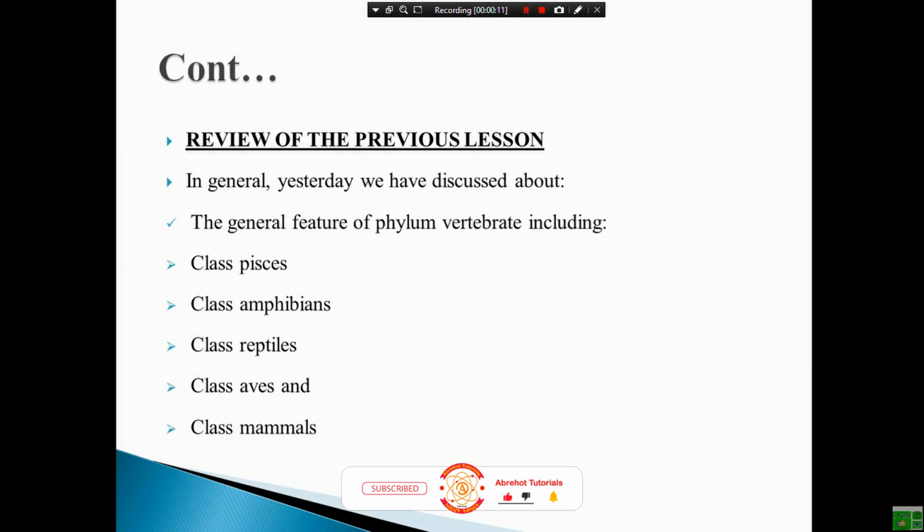When revising the previous lesson, in general we discussed phylum Vertebrata or phylum Chordata. Those phyla are derived from the term notochord, or backboned animals. All are triploblastic, coelomate and bilaterally symmetric animals.